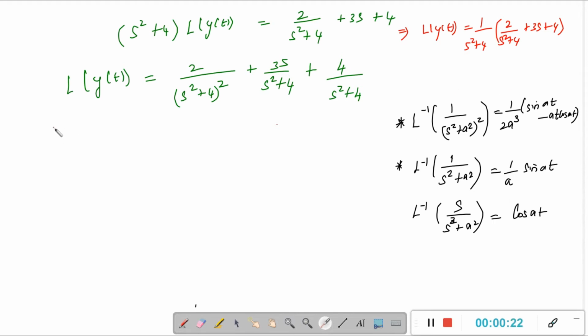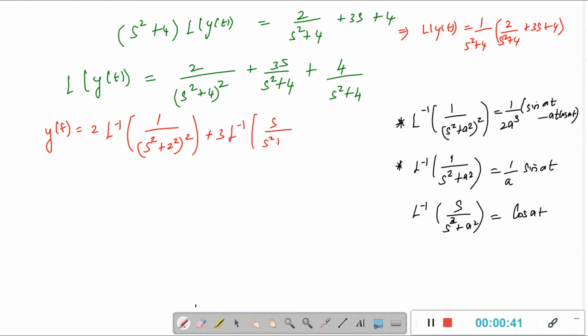So you get y of t equal to, by using the linear property, 1 by s square plus 2 square whole square plus 3 into L inverse of s by s square plus 2 square plus 2 into L inverse of 2 by s square plus 2 square.